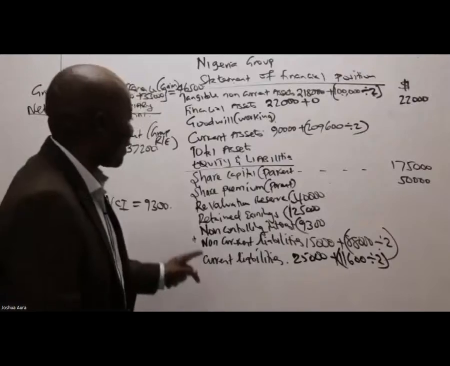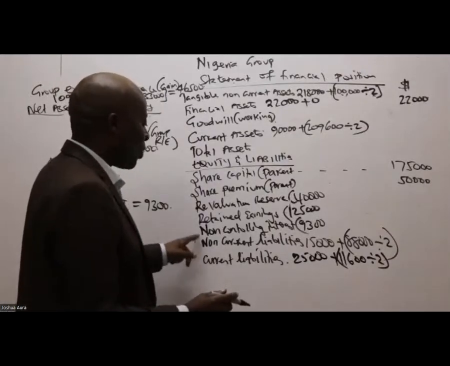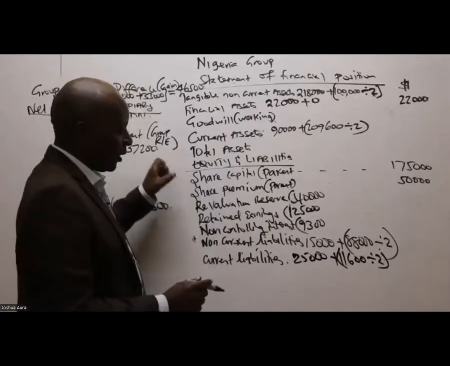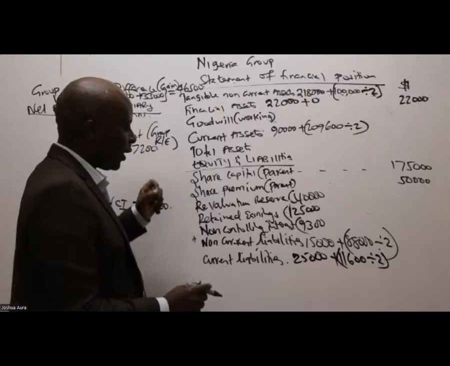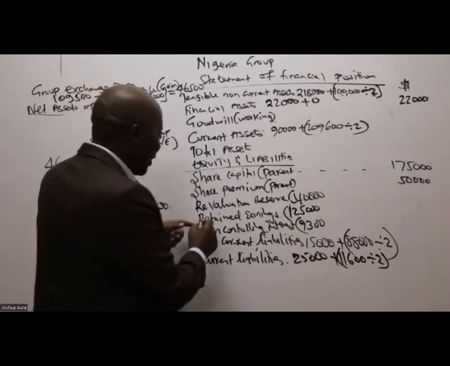And then, of course, you must create some space. We need the foreign exchange reserve. You know, foreign exchange reserve is part of the equity. My space here is so constrained, but I know you can add it somewhere.